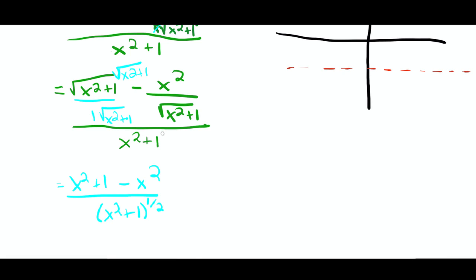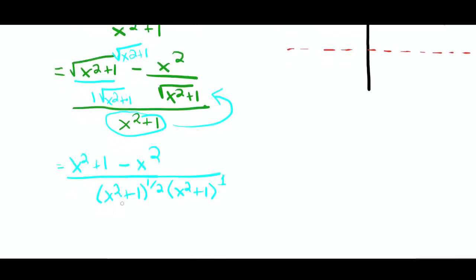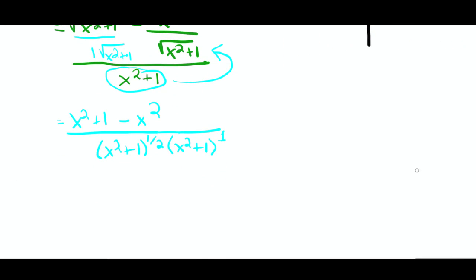And then if you do the tortilla, this guy ends up down here, so this is times x squared plus 1, and I'm just going to write this to the 1 because I'm going to combine it in a little bit. Okay, so then in the end you get that the derivative is 1 over x squared plus 1 to the 3/2.